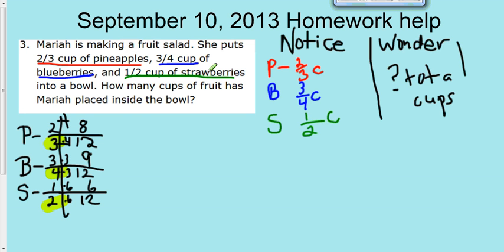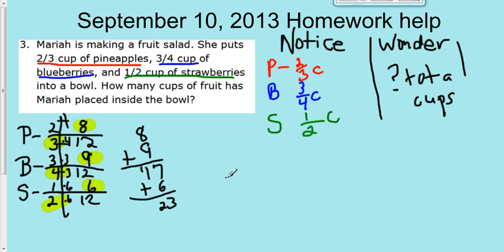So all I'm going to do now is add my numerators, my 8 plus my 9 plus my 6. 8 plus 9 is 17 plus my 6. Carry my 1 makes 23.